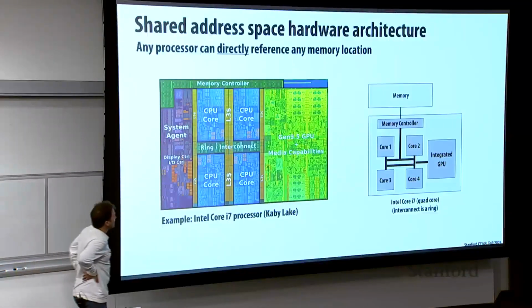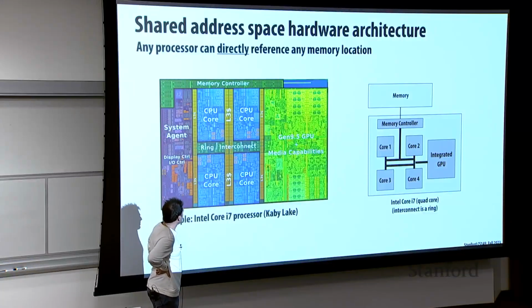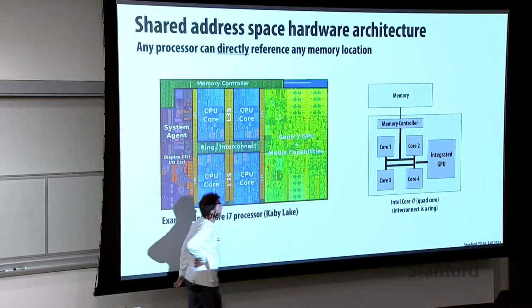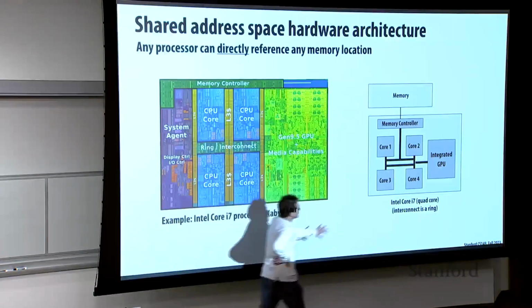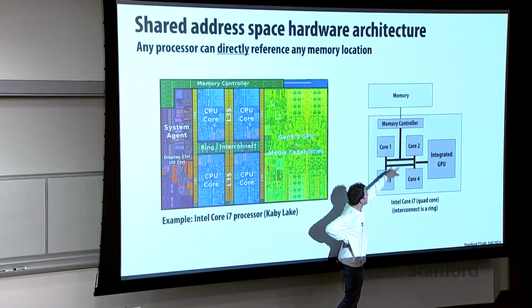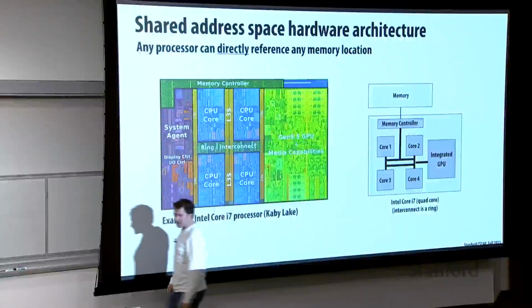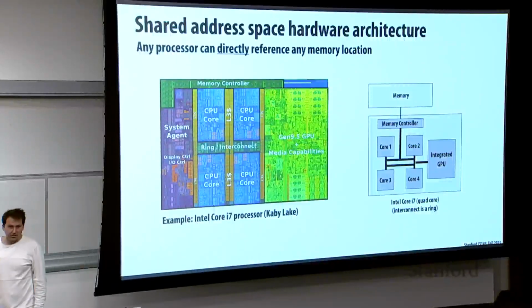If I take a standard Intel CPU these days, it has a couple of cores, there's a GPU on the same chip, and there's a network on this chip that connects all those cores and gets them all out to the same memory system. And these networks can be quite complex.